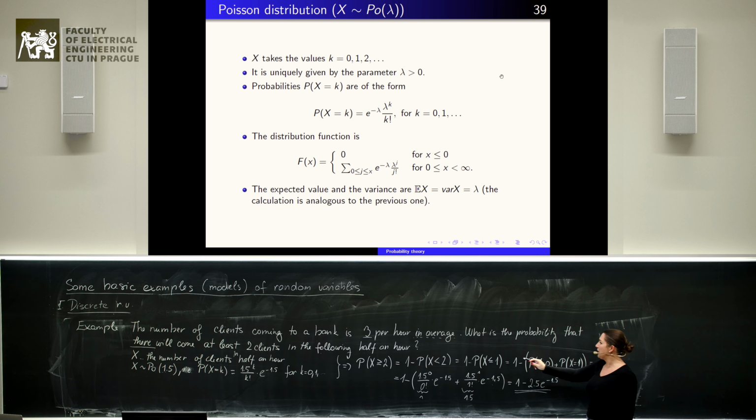And the probability that x is at most 1 is the probability that x is equal to 0 plus the probability that x is equal to 1. And for these probabilities, we know the description. Yeah? So that's the way how to work with the so-called Poisson distribution.